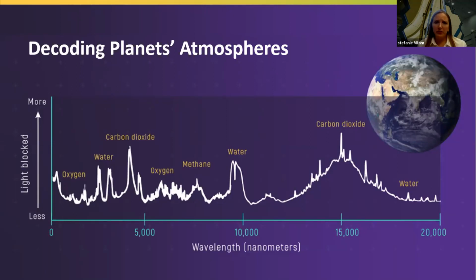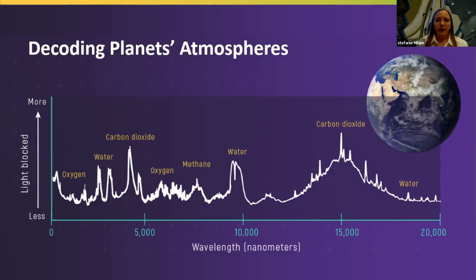But that being said, Webb is still going to enable a lot of preliminary studies and help us refine what should be done with follow-up observatories in the future. We do have access to wavelengths of key species. This is actually a spectrum of Earth, and you can see some of the molecules that we would see in a habitable world, such as our own, an Earth-like planet, that we could start searching for in other planetary atmospheres.